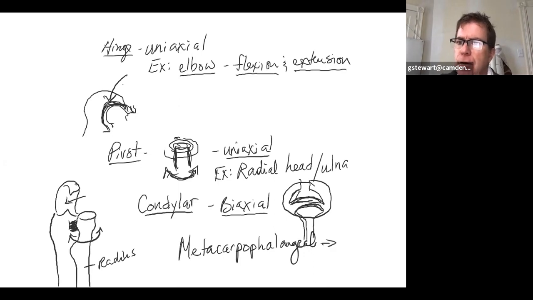This also occurs at fingers, but predominantly the thumb gives us the most of this biaxial movement, but the fingers have it as well.